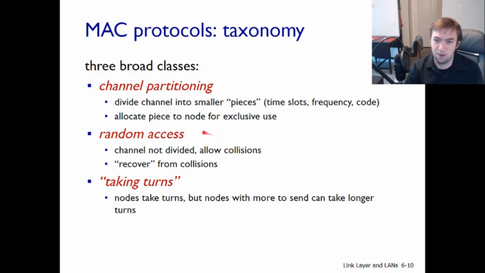And rather than worrying about who's sending at what times, you just make sure that there's a way that you can recover when these collisions happen. And then finally, the last class is taking turns, where each node is allowed to send when it's their turn. When their turn is over, the next node is allowed to send. However, some nodes that have more to send are allowed to take longer turns to get their information across.